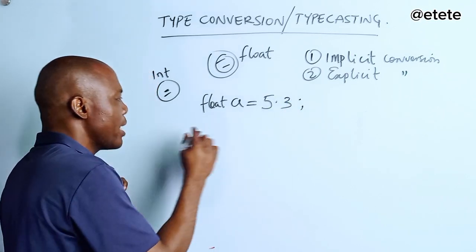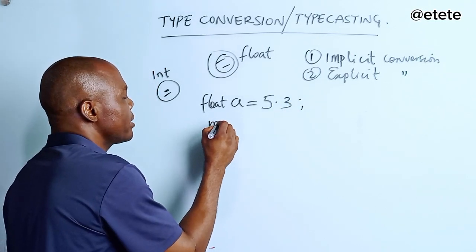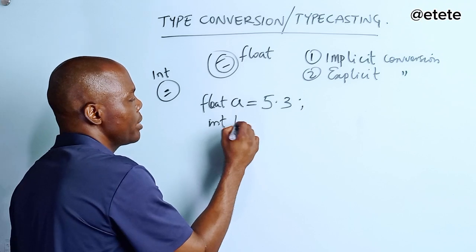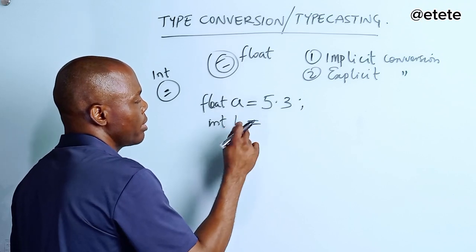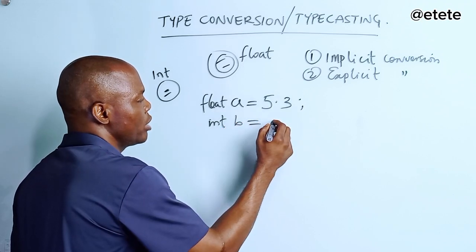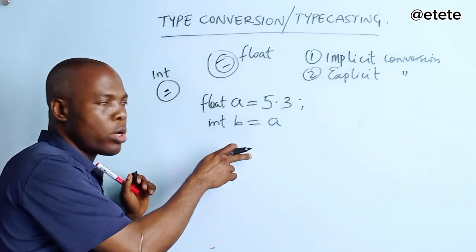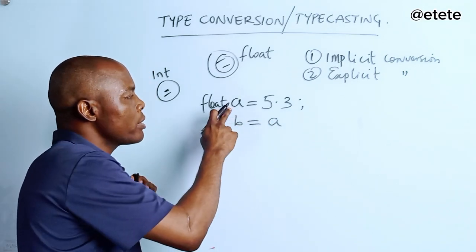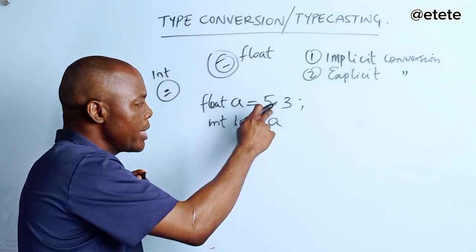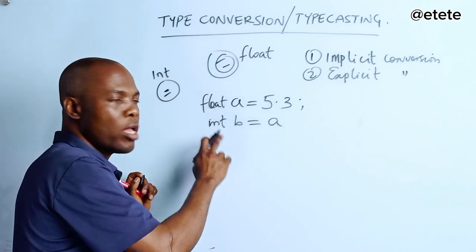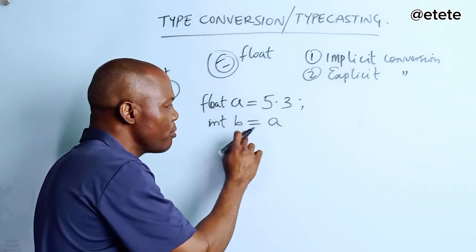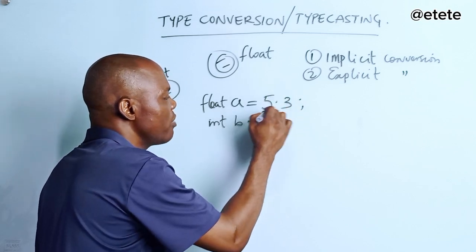Then I now say int b equals a, that is, assign a to int b. Now, when I do this, it is not going to work. Why? Because this is a float, and then I want to move this to this. Automatically, what this will give me will be only this.